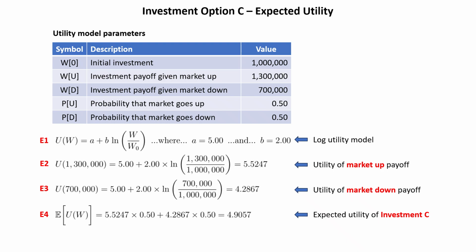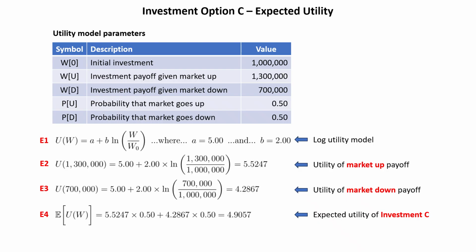So you can see that whenever we have that big E in the brackets, we want an expected utility. So we want expected, and then within the brackets is U of W, which is our utility function. So all we do is take the results from E2 and E3 and probability weight them. So the expected utility is that 5.5247, the utility of market up, times the probability of market up, which is 0.5.